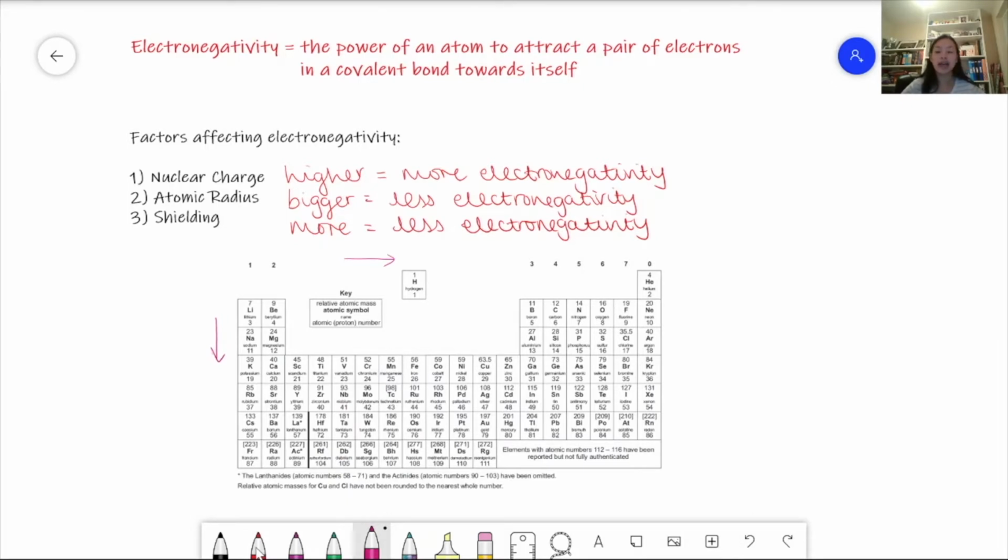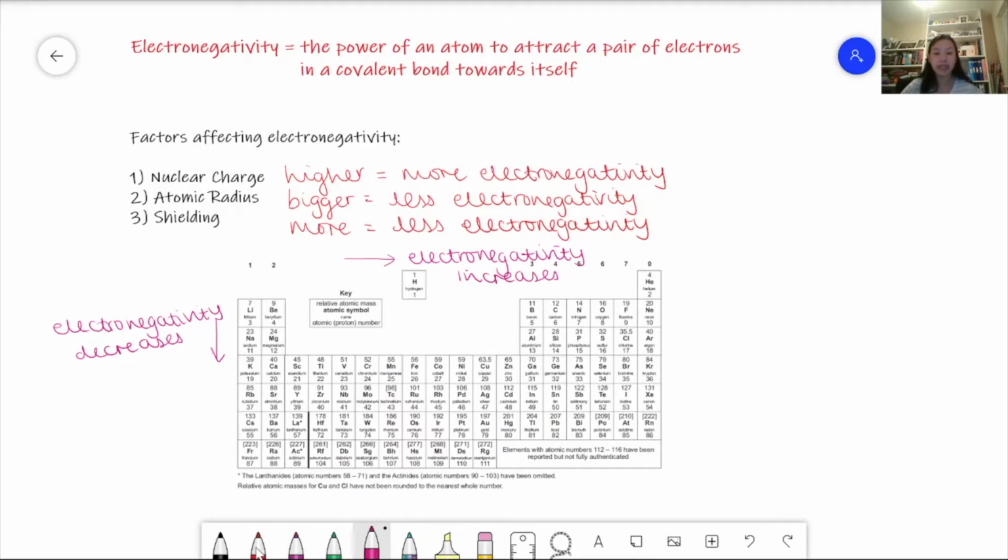So then we can say that electronegativity actually increases along a period, and electronegativity decreases down a group, because the atoms are getting bigger, so the electronegativity decreases, and along a period the nuclear charge increases, so electronegativity increases.